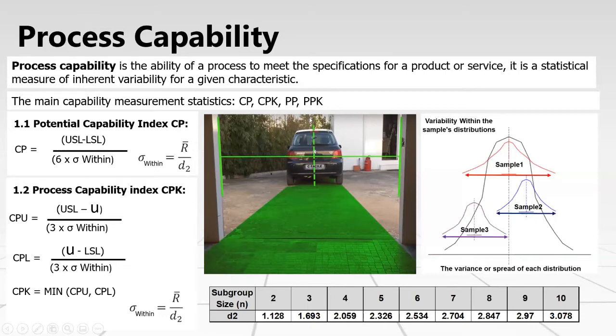So if we refer to the example, which I like always to refer, the car and the garage. So imagine that the side walls are the specification limits and the center of the garage is the mean of the data distribution. So the car is the data distribution.